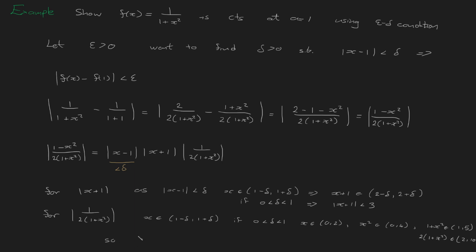So in total, 1 over 2 times (1 plus x squared), absolute value or not, it doesn't really make any difference in this case, is an element of (1/10, 1/2). Note that because I'm taking a reciprocal, everything has flipped. So we have a lower bound of 1/10, upper bound of 1/2. So in particular, after all that work, with this assumption that delta is less than 1, this is less than 1/2.